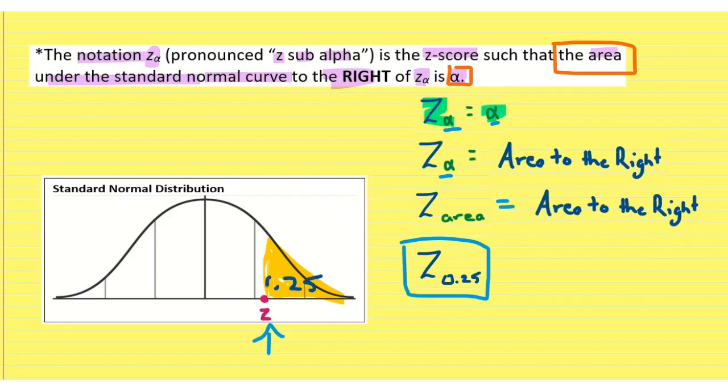That area would be equal to an area of 0.25. Okay, so I hope that makes sense. The z sub 0.25 is the z-score with an area to the right of it equal to 0.25.